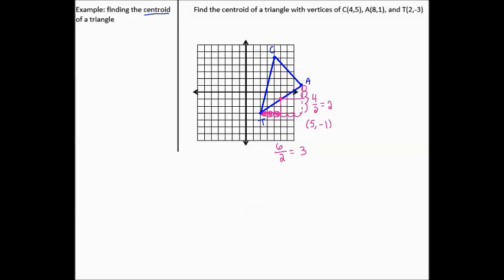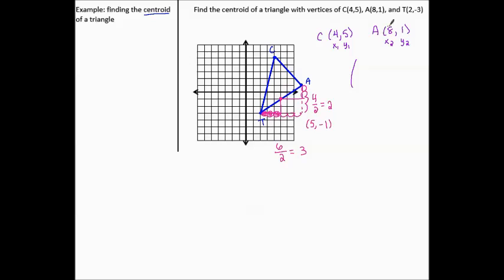Now, let's get the midpoint from C to A, this time using the midpoint formula. So I have C, (4, 5), and A, (8, 1). So I take my x1, y1, my x2, y2, and I plug it into my midpoint formula.